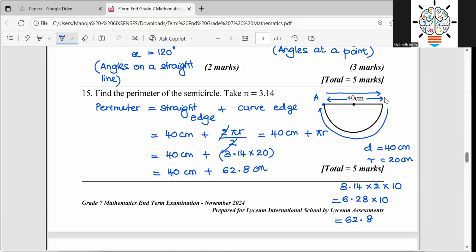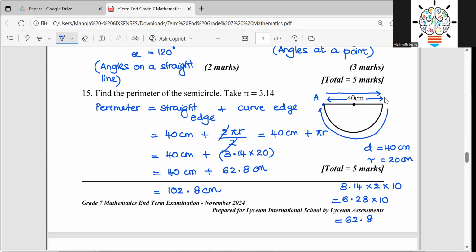And when you add 40 and 62.8, it gives me the answer 102.8 centimeters, right? First you want to get the straight edge distance, that is 40 centimeters. And then you want to get the curved edge, that is a half circle. The full circle is 2 pi r. And as it is a half circle, you want to divide by 2.